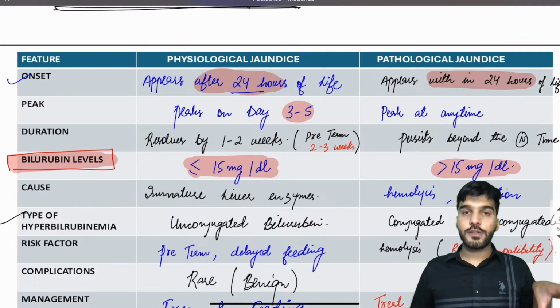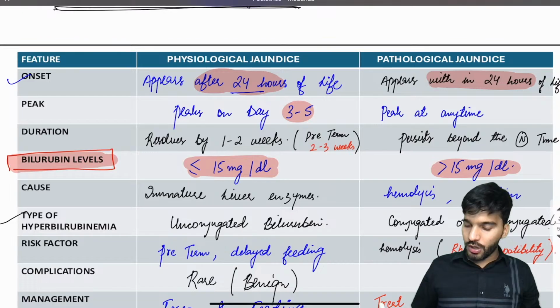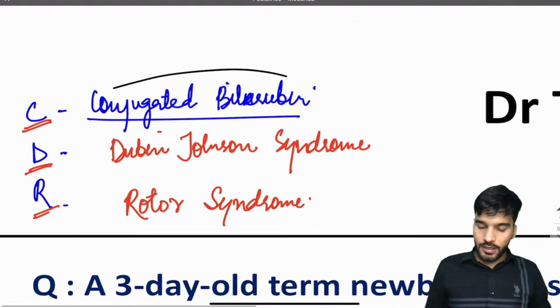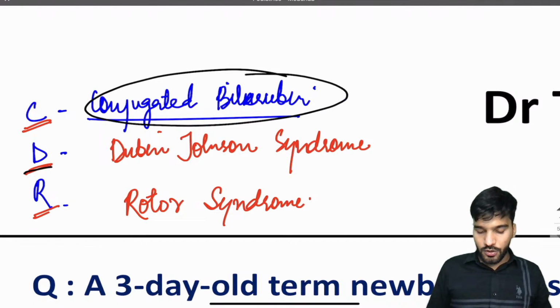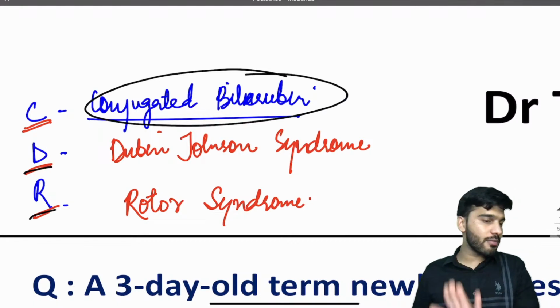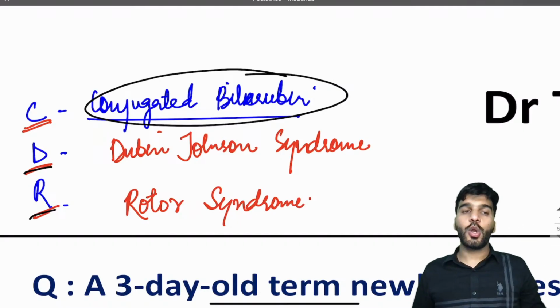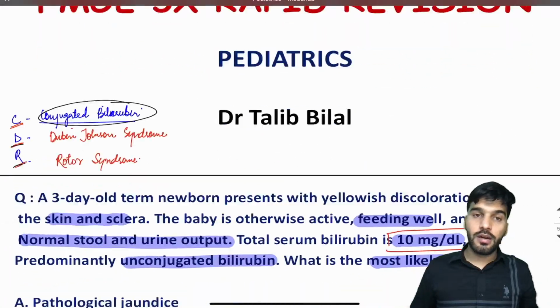Unconjugated bilirubin in the physiological jaundice, and conjugated or unconjugated in the pathological jaundice. Only conjugated bilirubin is increased in Dubin-Johnson syndrome and Rotor syndrome, other conditions as well, but still remember from the syndrome CDR. And Crigler-Najjar 1 and 2 along with Gilbert, it's going to be unconjugated bilirubin.